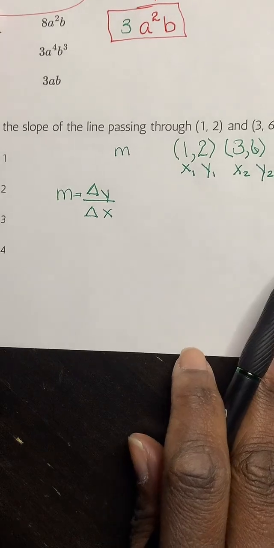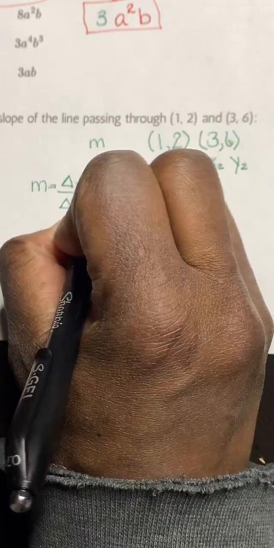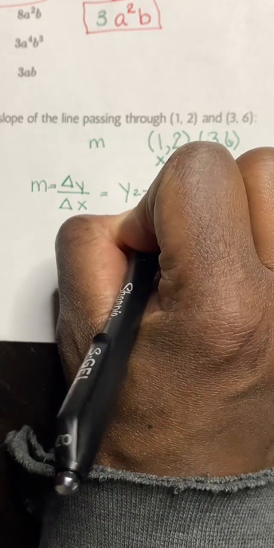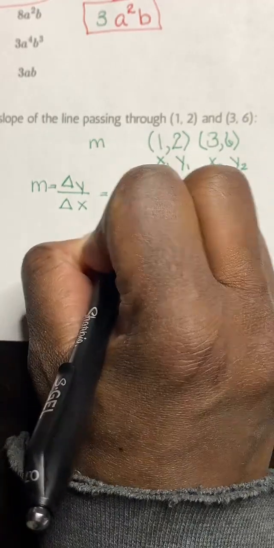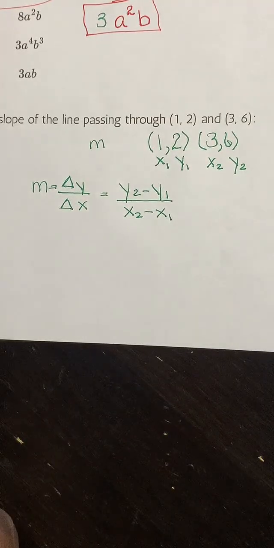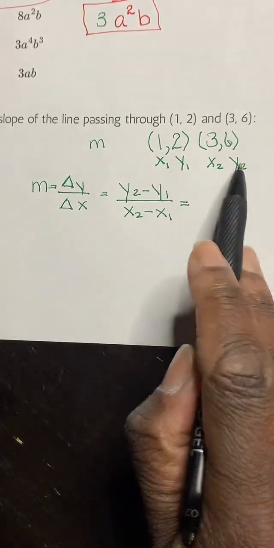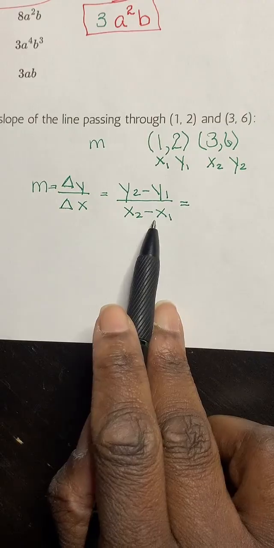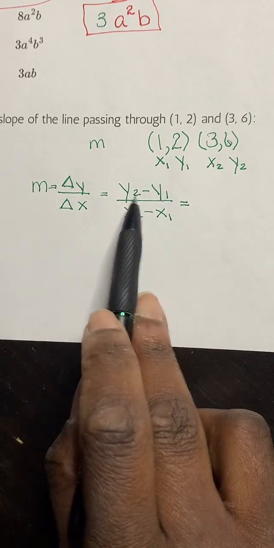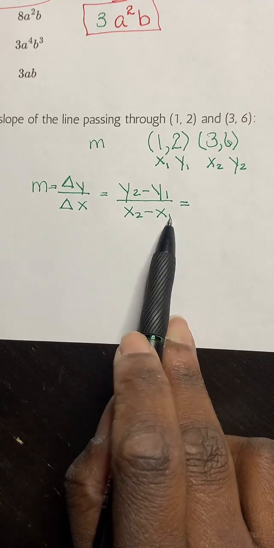So when you do slope, and this is why I like to show it both ways, some people know the formula as y sub 2 minus y sub 1 over x sub 2 minus x sub 1. So all we're doing is plugging in the information that we have up here into our formula. And the reason why we say the change of y is because you're doing the difference of your y's over the difference of your x's.